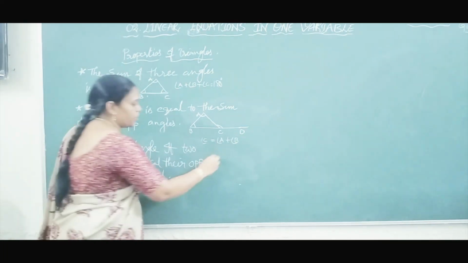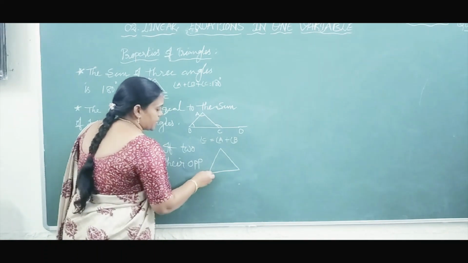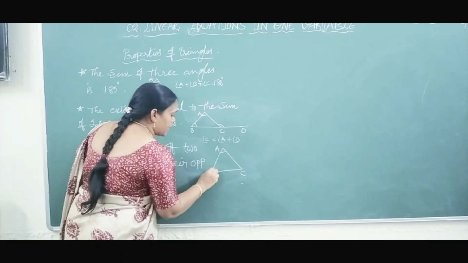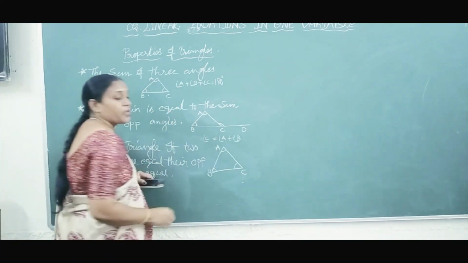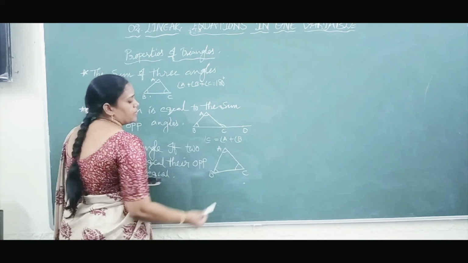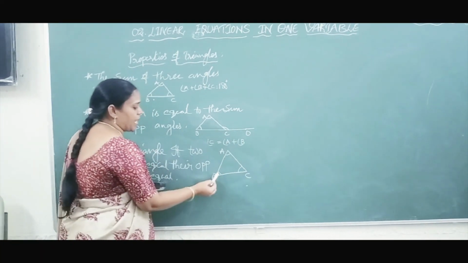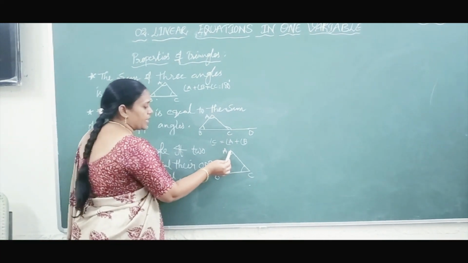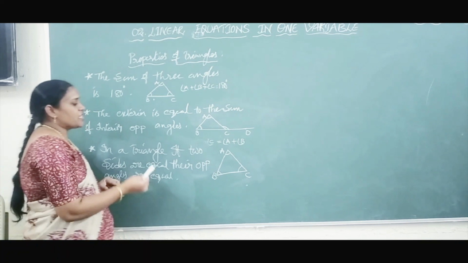See the diagram carefully. In triangle ABC, angle A, angle B, angle C. Side AB is opposite angle C. Side AC is opposite angle B. Side BC is opposite angle A. What is our property?